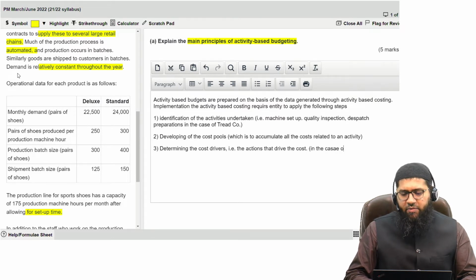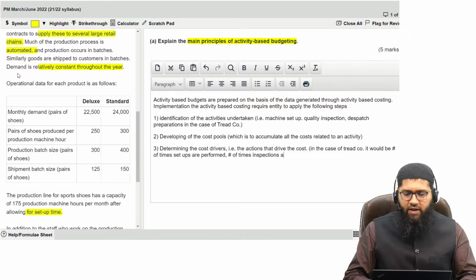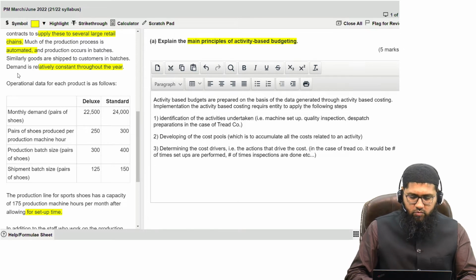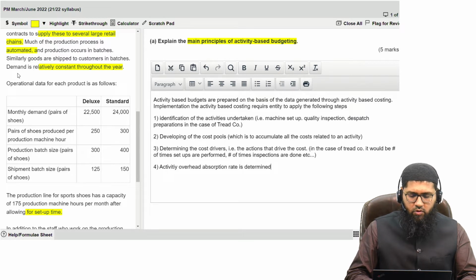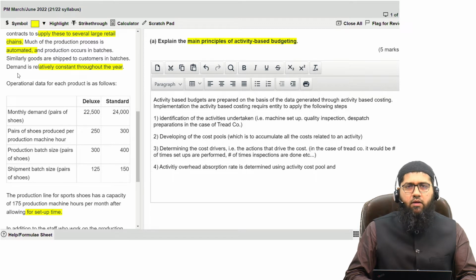In the case of Trade company, it would be the number of times setups are performed, the number of times inspections are done, etc. Then the activity overhead absorption rate is determined using the activity cost pool and budgeted cost drivers.